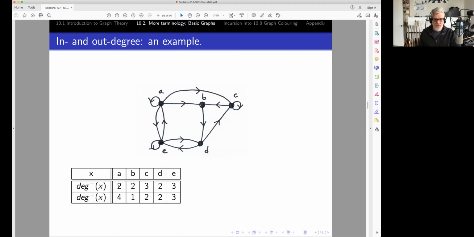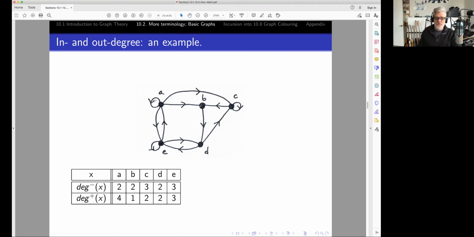In degree, what goes into A? There's one from E, and there's one from A. So you see in the directed case, the fact that the loop counts twice, once for out degree and once for in degree, is very natural.